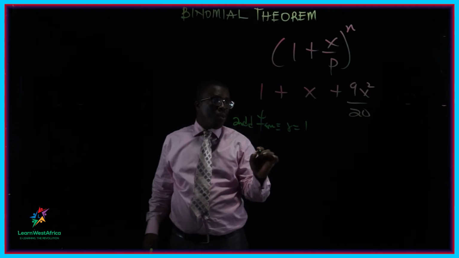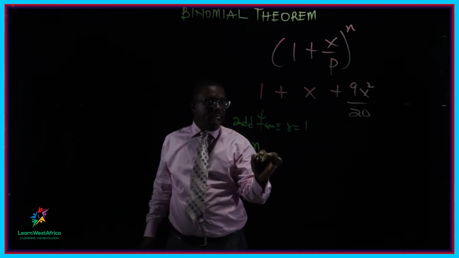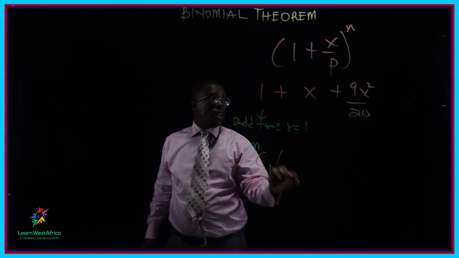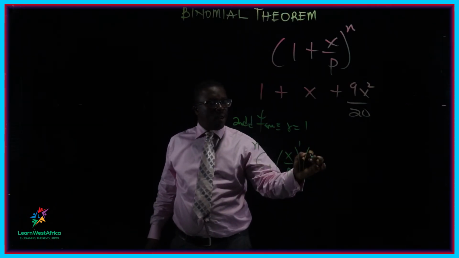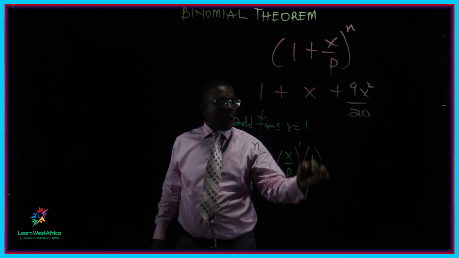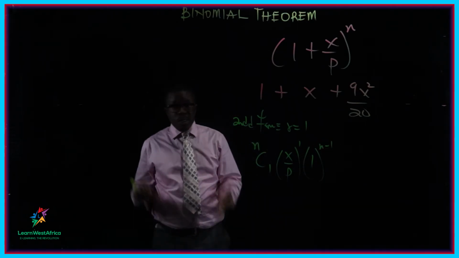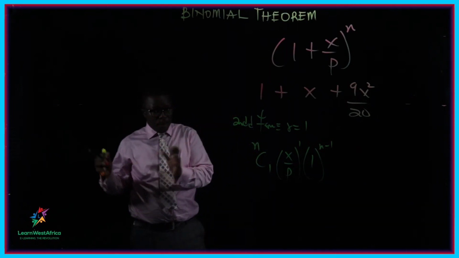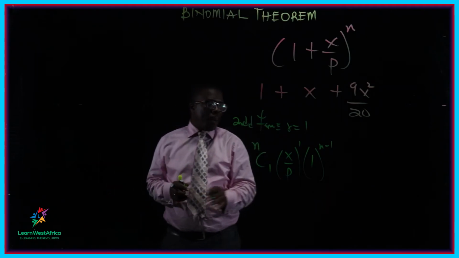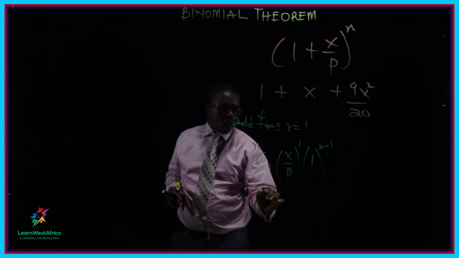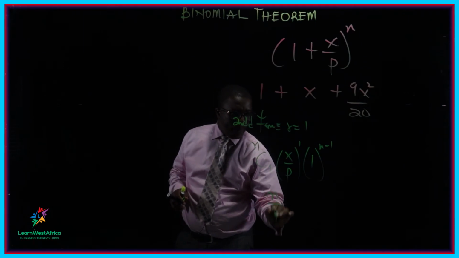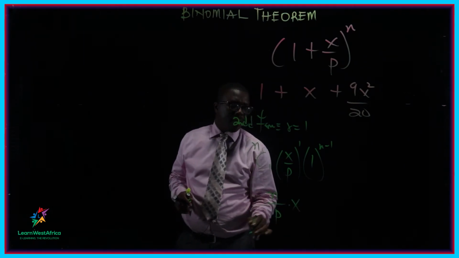So our r is equal to 1. We are going to get n choose 1 into bracket x over p raised to the power 1. Then you're going to have 1 to the power n minus 1. Since n is a positive integer, we expect that 1 raised to that power should also give us 1. So this is going to give us n over p times x.